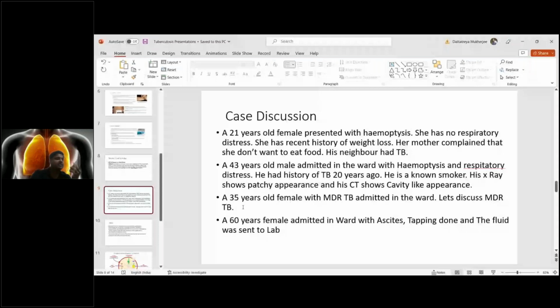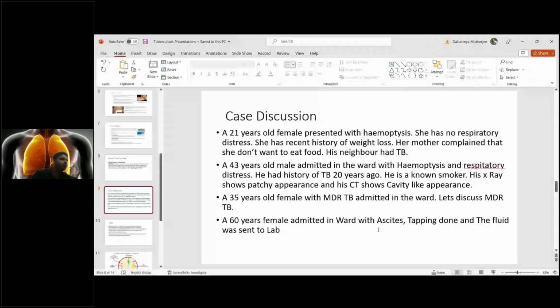Another is a case of extrapulmonary tuberculosis. A 60 year old patient was admitted with ascites. I did the ascitic tapping, that is the paracentesis, and we sent the fluid to the lab for AFB, and it came as AFB positive. That means the patient had TB in the gut.